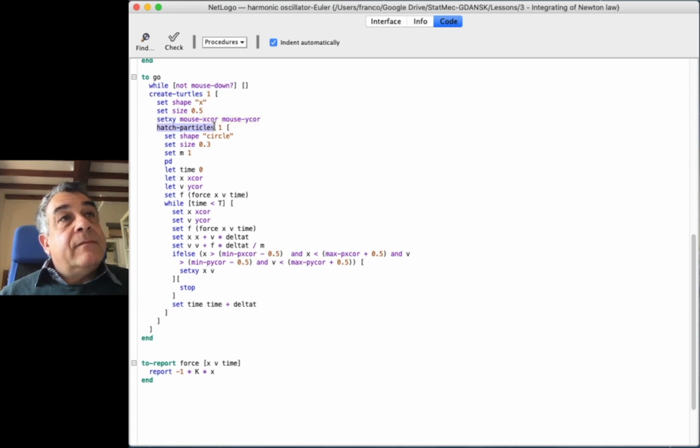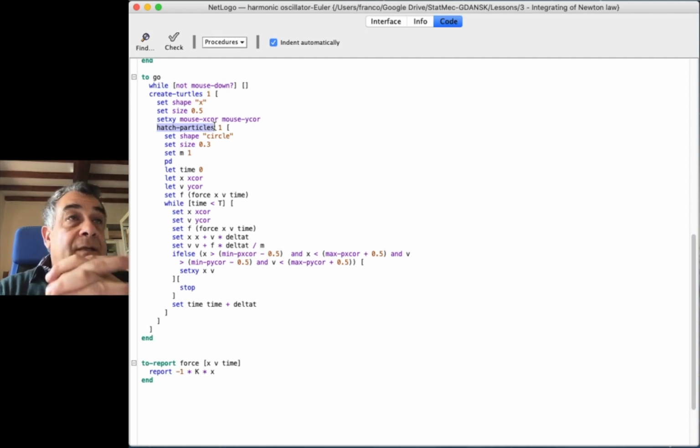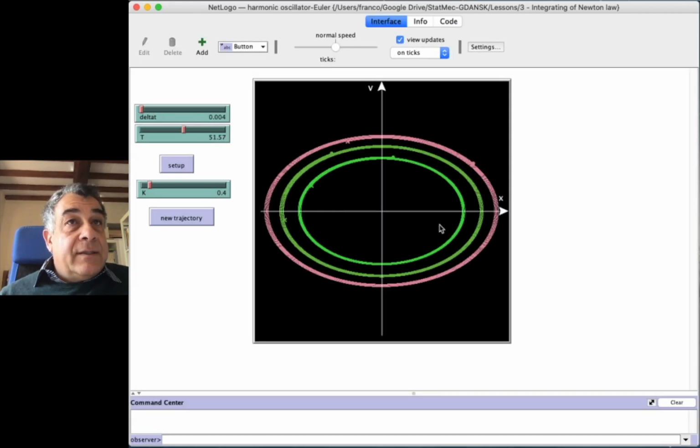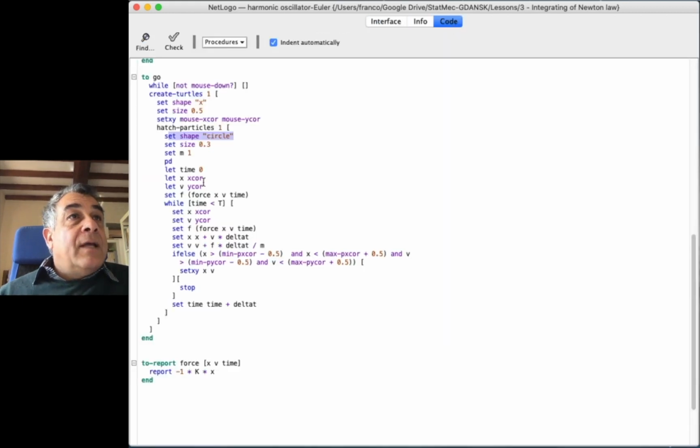The method used by a turtle to create another turtle is to hatch. It's clearly the term used for birds. So it hatches another particle, one particle that takes the shape of a circle, and this is essentially the one that ends the trajectory, with a certain size and a certain mass.